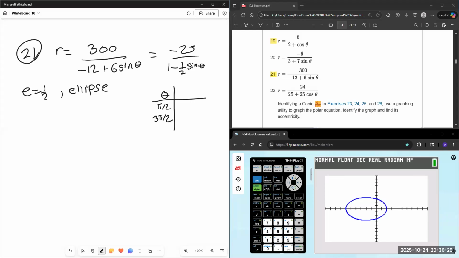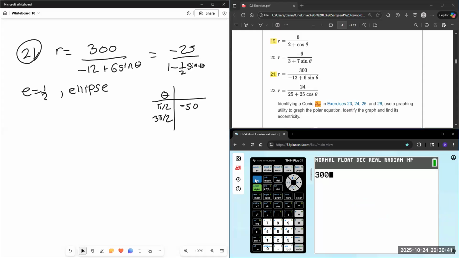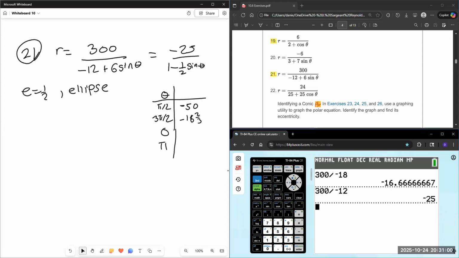So 300 divided by negative 6 is negative 50. And then 300 divided by negative 18 is negative 16 and 2/3. Let's look at what happens at 0 and pi as well. 300 divided by negative 12 is negative 25 for both of these.